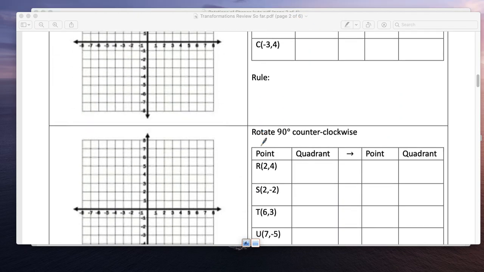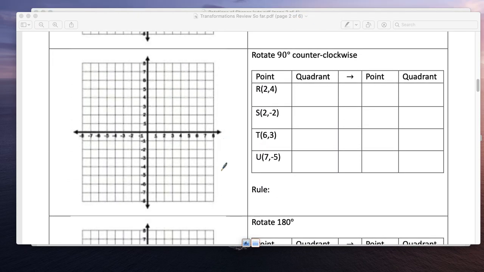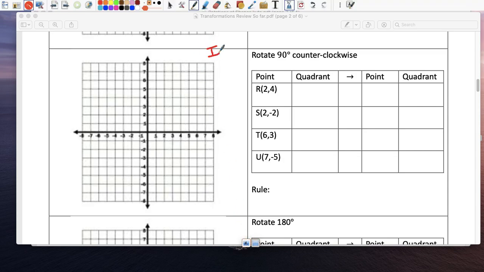Now let's do counterclockwise. Let's set up everything again. Quadrant 1, quadrant 2, 3, 4. Positive, negative, negative, negative, negative, positive, positive, positive. So this time I'm going to do all points. Point R, 2 and 4, is in quadrant 1.